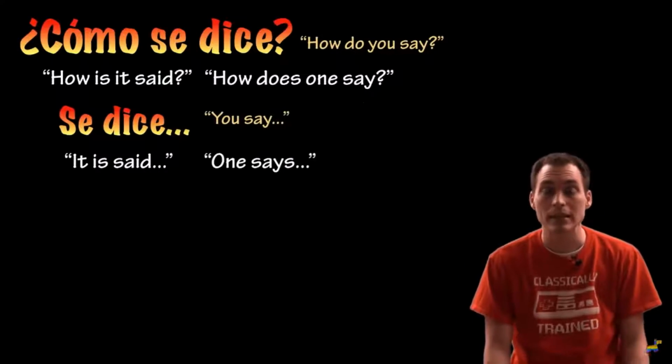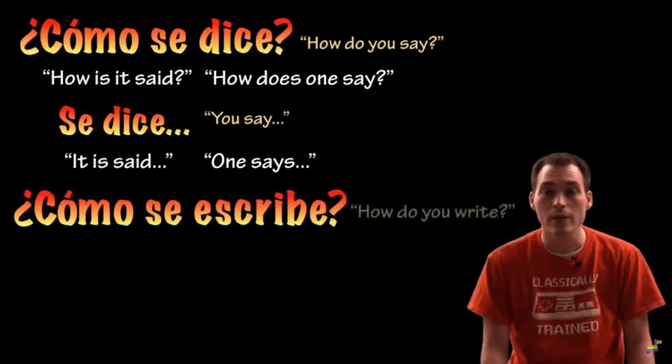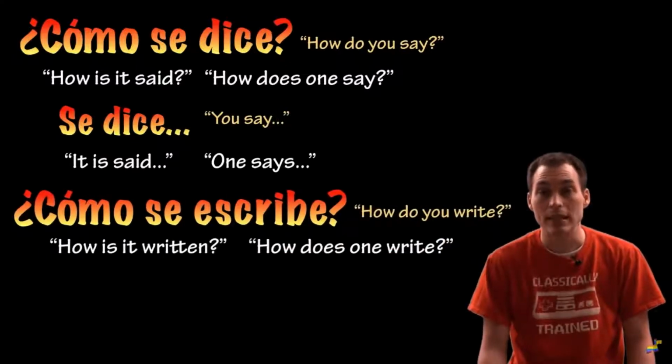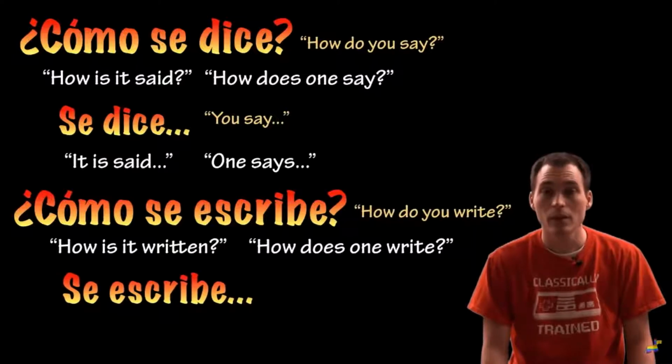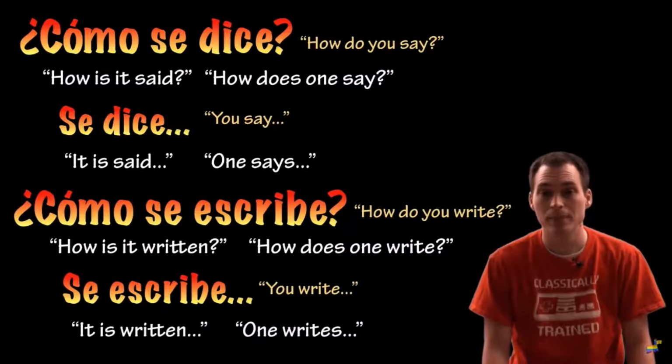And really what we're asking is, how is it said? It's said. And we also saw, ¿Cómo se escribe? And the answer, se escribe. How is it written? It's written. We call this the impersonal se or passive se because it's often used instead of naming a specific person doing the action. Let's look at some more examples.